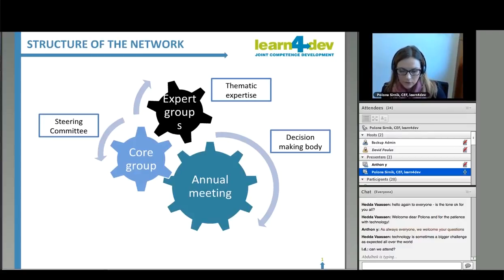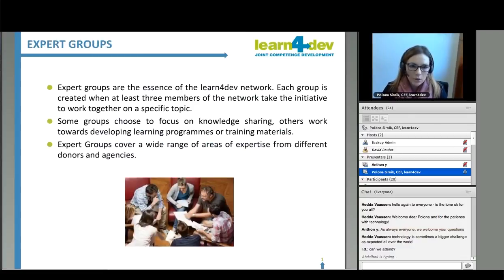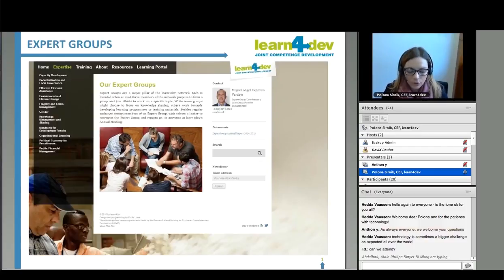And now to go to the expert groups. So, as mentioned, expert groups are the essence of the Learn for Dev network, and they are composed of representatives of member organizations. They work on different thematic areas. Currently, there are 11 expert groups that are active.